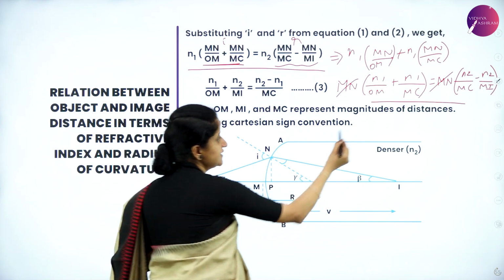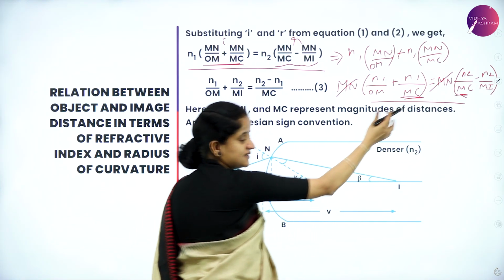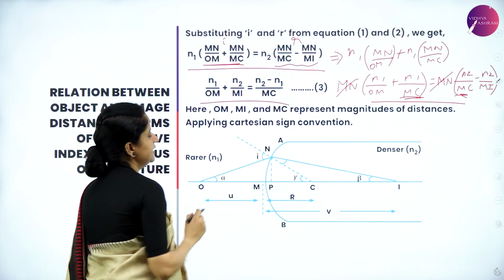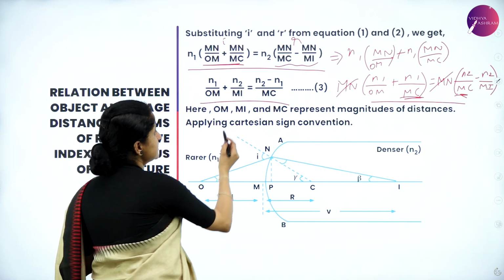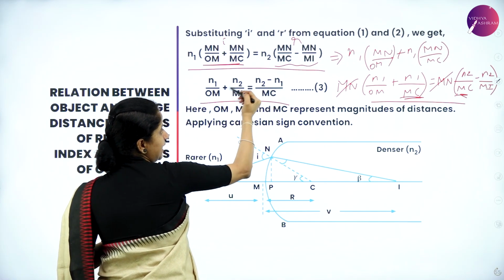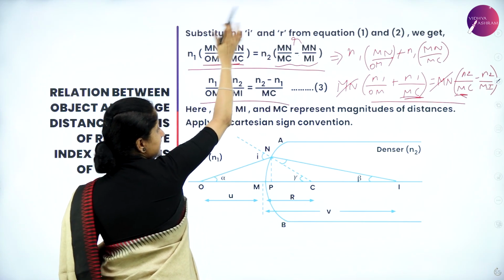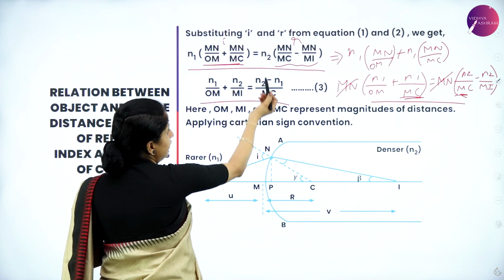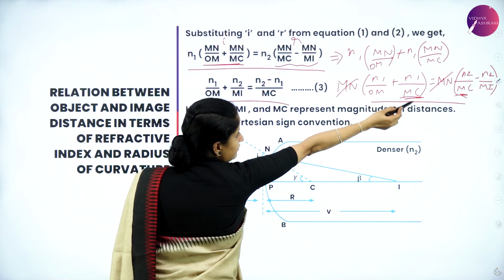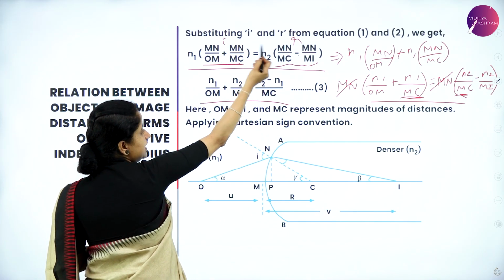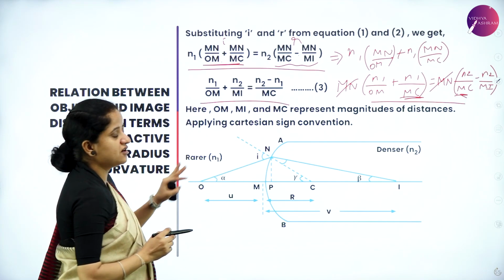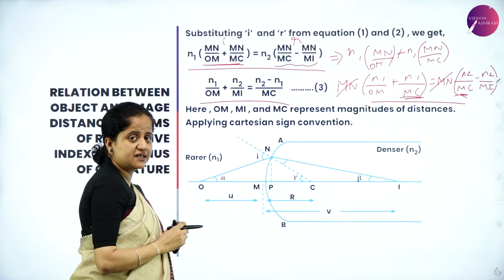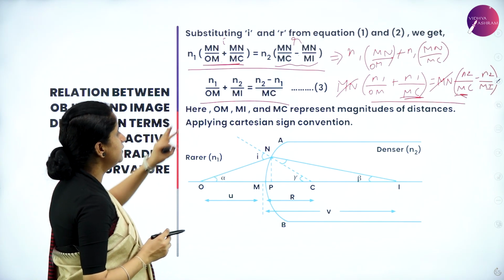Now let us rearrange this, keeping the MC terms, the common terms, on one side and bringing the other terms to the other side. So we get n1 divided by OM plus n2 divided by MI, because here we have minus, and when it gets transposed it becomes plus, n2 divided by MI, which is equal to n2 by MC, which we already have in the first term, minus n1 divided by MC. Since the denominator is the same, we can write it as n2 minus n1 divided by MC, that is our third equation.